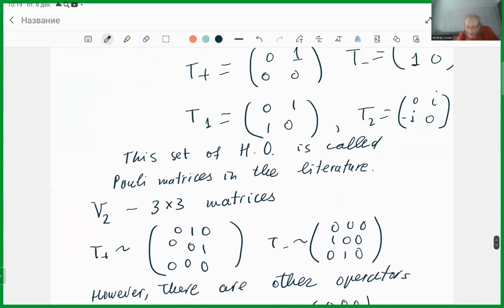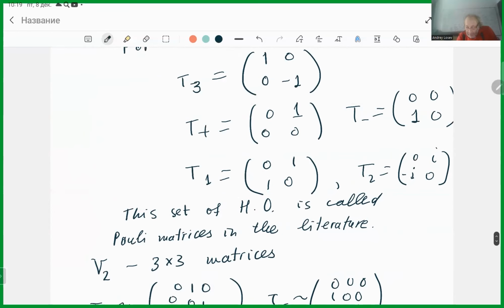So these were T plus and T minus, and these were T1 and T2. T plus and T minus are defined as follows.